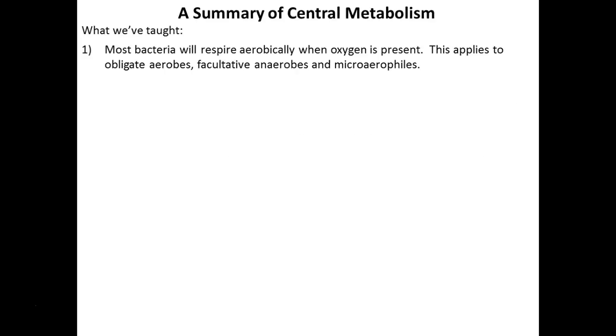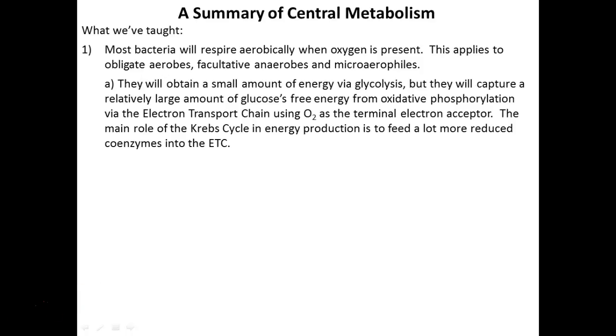So this is an interesting thing that happens. Most bacteria will respire aerobically when oxygen is present, if it can, right? This applies to obligate aerobes, facultative anaerobes, and microaerophiles. They will obtain a small amount of energy via glycolysis, but they will capture a relatively large amount of glucose's free energy from oxidative phosphorylation, using that electron transport chain and having the oxygen accept those final electrons.